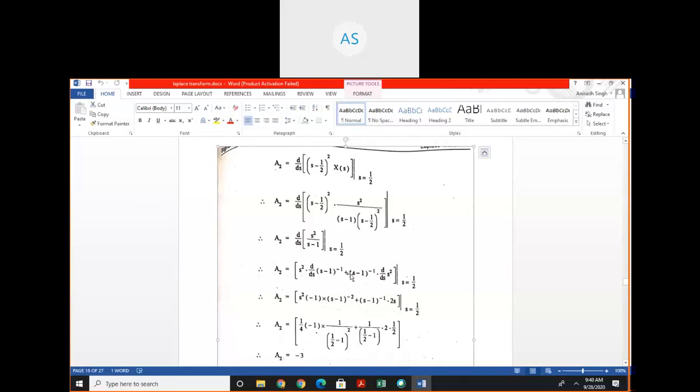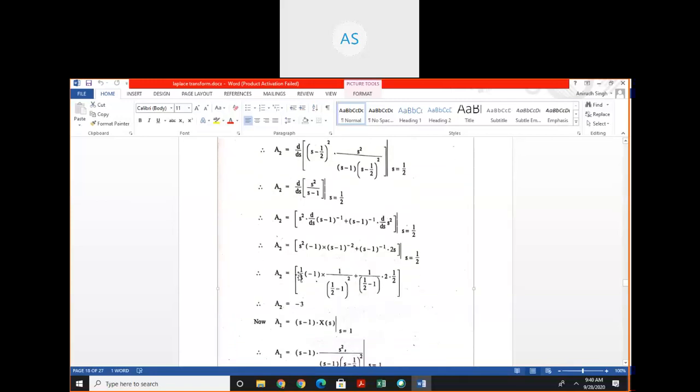Then substitute the value of x of s. This term is cancelled by this term, then take the derivative of this and substitute the value of s equal to half.